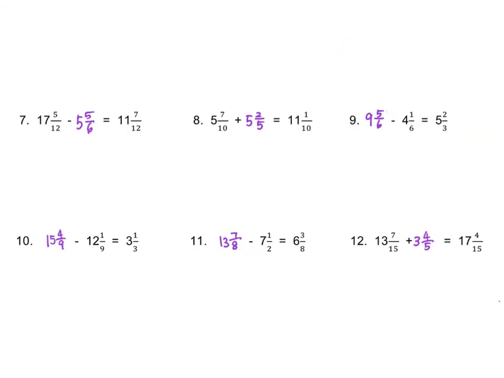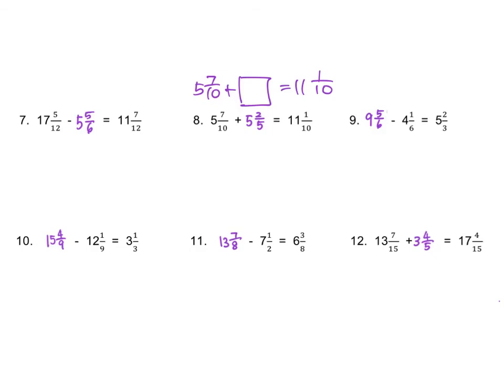Okay, same goes to this part here. The most important thing is to get the question mark, or the blank. In this case I have this 5 and 7 out of 10 equals this 11 and 1/10.